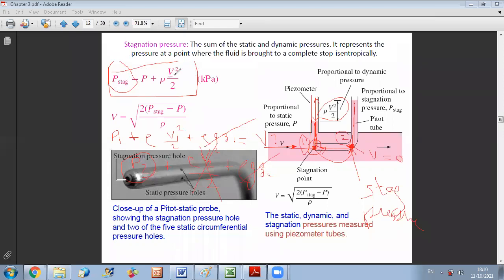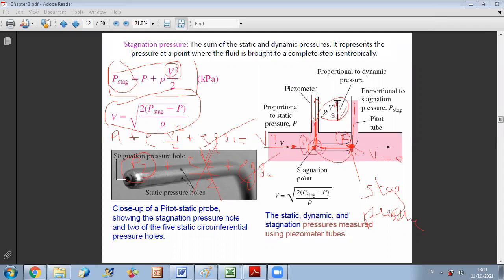Since I am interested in calculating the velocity of my flow, if I rearrange terms, I can get the expression of my velocity. So V is the square root of 2 delta P over rho, where delta P is P stagnation minus P, so it's P at point 2 minus P at point 1. As you can see here, delta P is represented by this height.